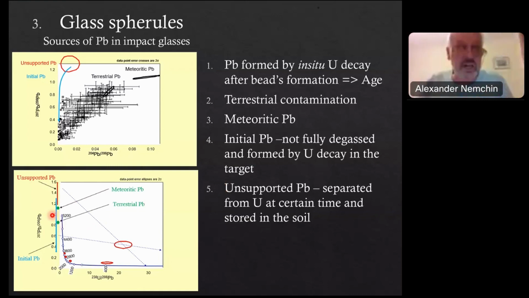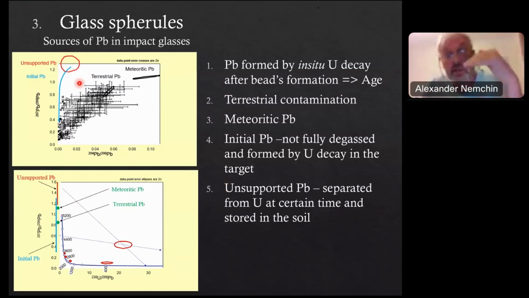I tried to visualize where they are. Unsupported lead is going to be quite radiogenic, formed early, and is going to be somewhere here where this red blob is.